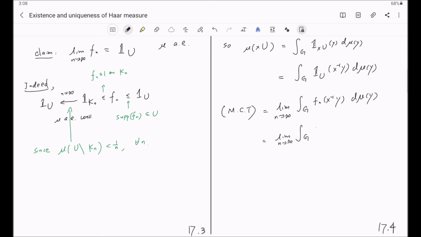This gives you L sub x inverse applied to Fn acting on y d mu y. And this part is I of L sub x inverse applied to Fn.